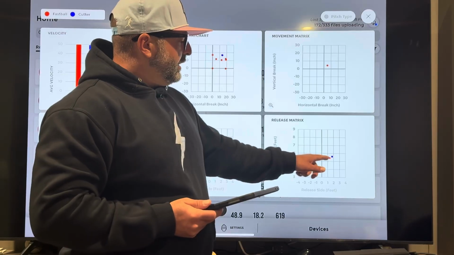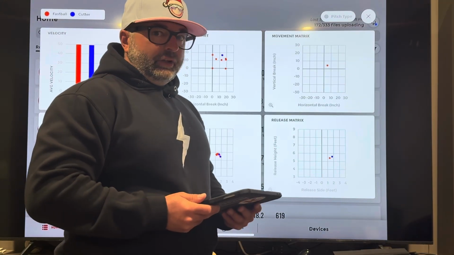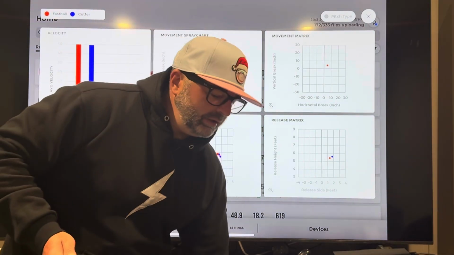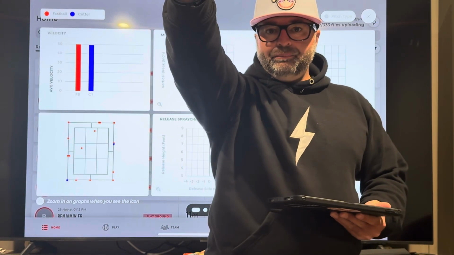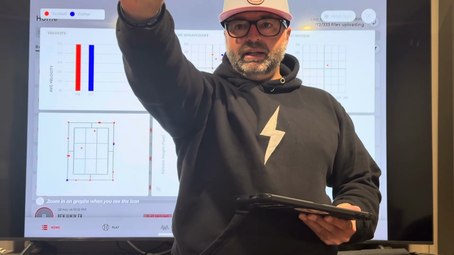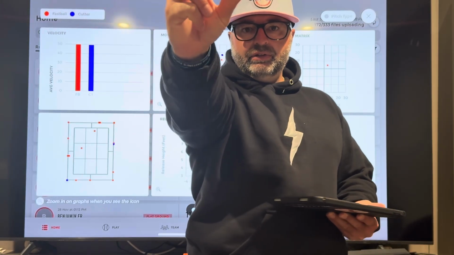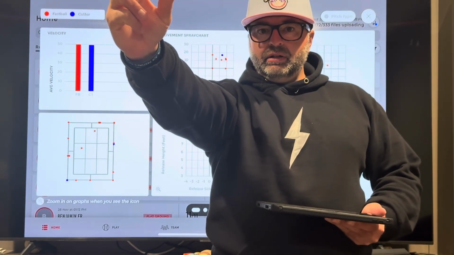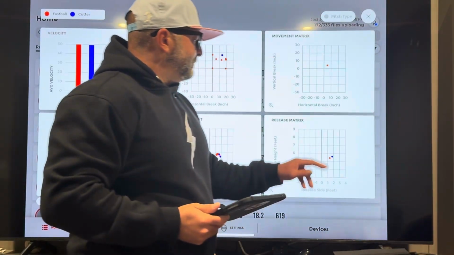When you were closer in, release point, coming towards you, we're talking out here. So when you're here, you're staying behind the ball. When you're getting out here more, that's where you're cutting it. So here's the difference, from here to here, and that's what we're seeing here.